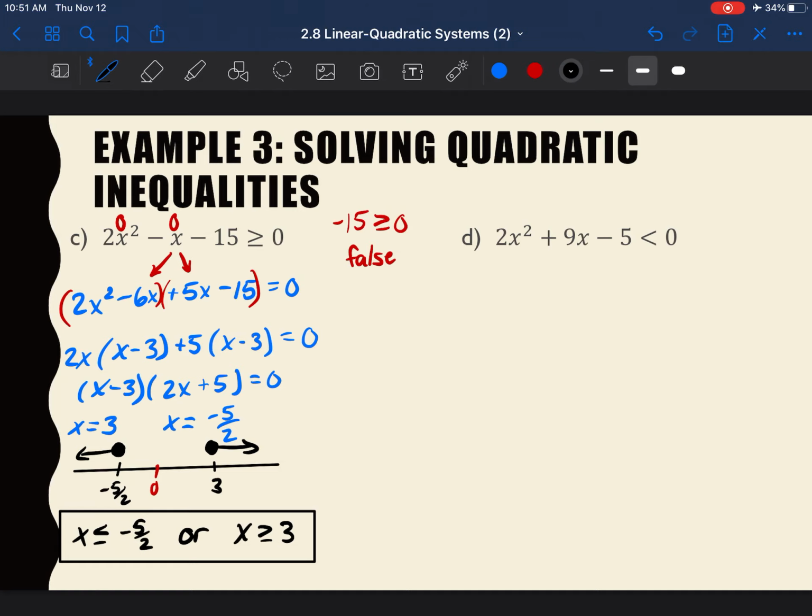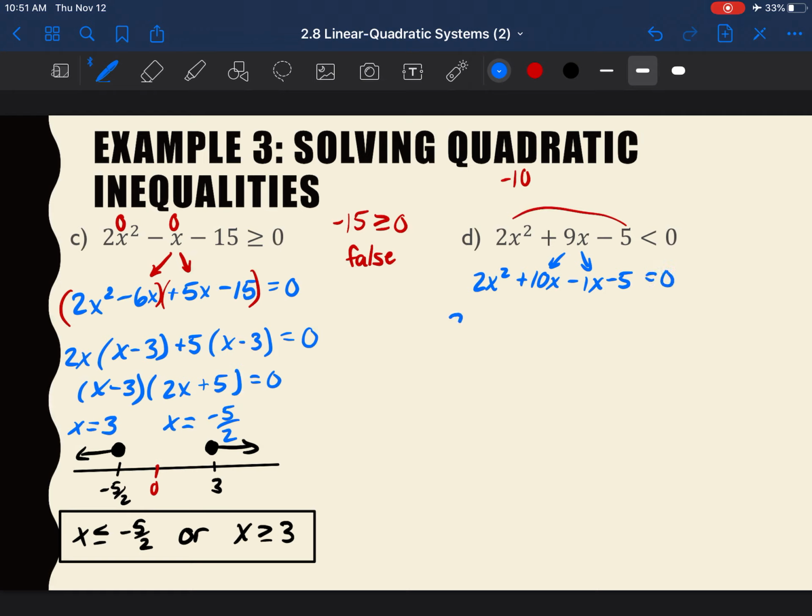One more time for this one. So again, try to divide out a 2, but it looks like it doesn't go into everything evenly. So I will multiply these two. That gives me -10. So that means I'm going to split the middle term to be a positive 10x and then a -1x equal to 0.